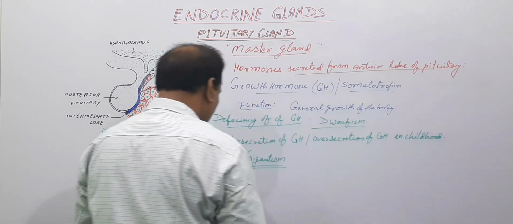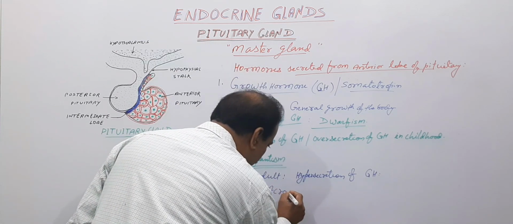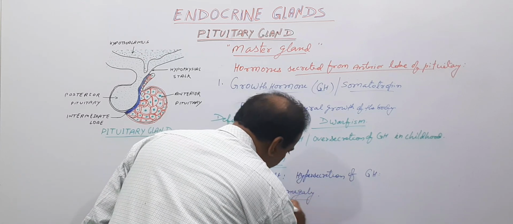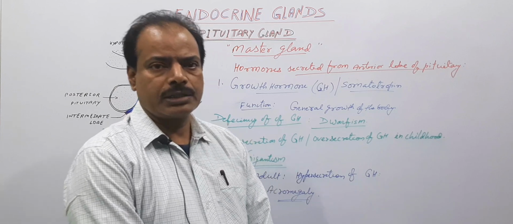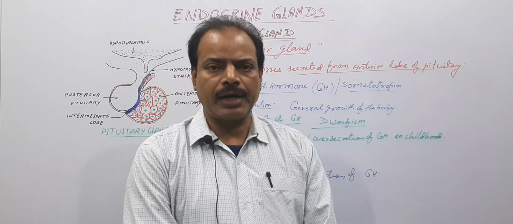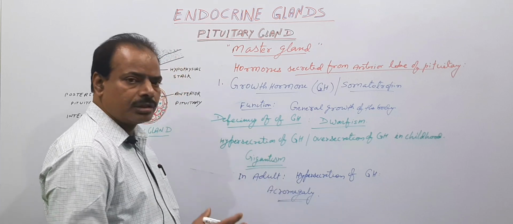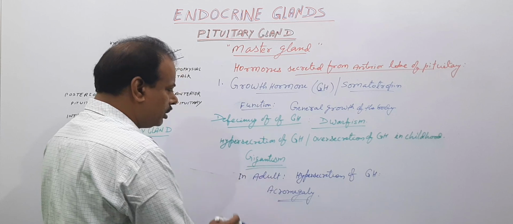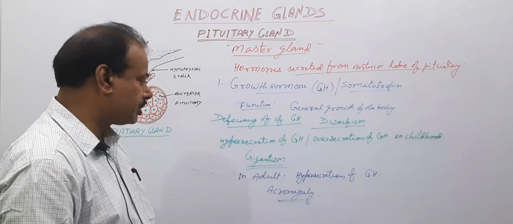Whereas acromegaly is a condition in which bones of the face as well as bones of hands and legs increase in length, and it takes place in adults if oversecretion of GH takes place.